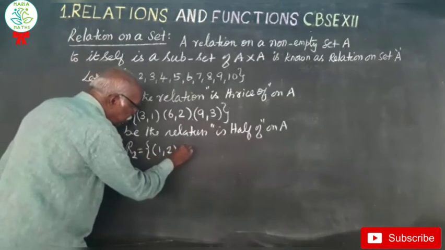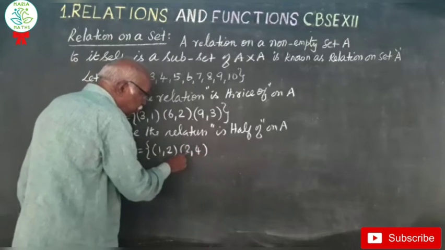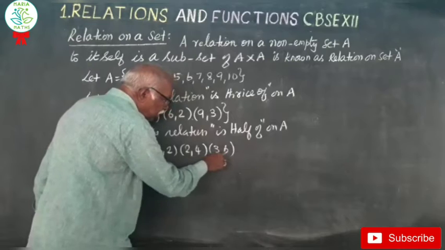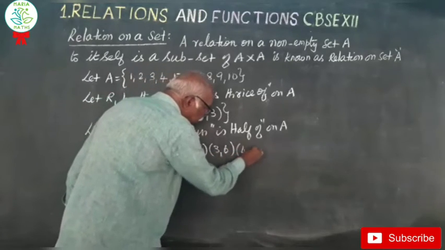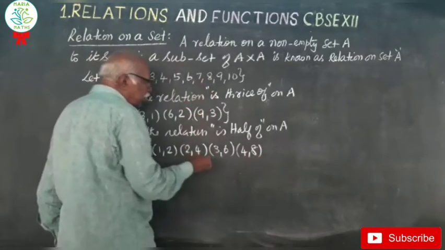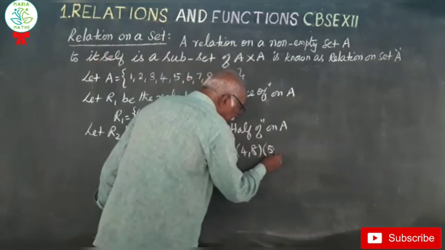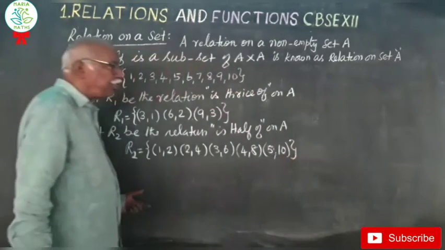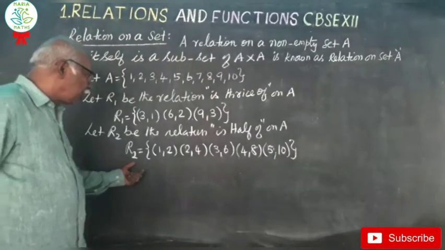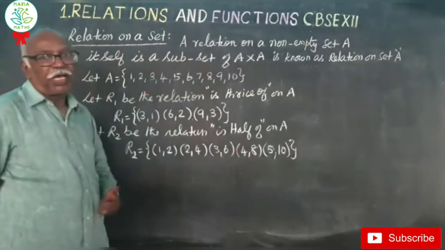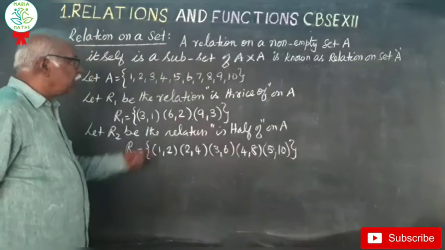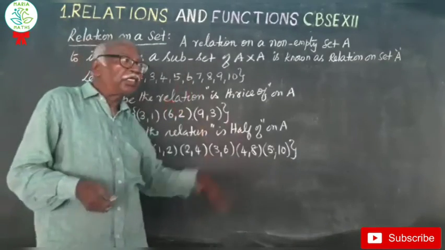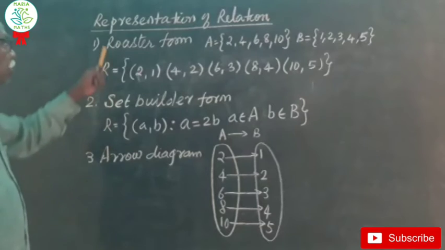Then 2, 4, because 2 is half of 4. Then 3, 6, because 3 is half of 6. Then 4, 8, because 4 is half of 8. And 5, 10, because 5 is half of 10. So R2 has 5 ordered pairs. That is how we can take a relation on set A to itself.